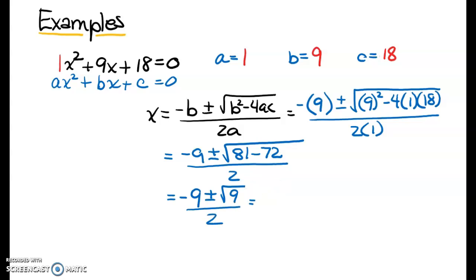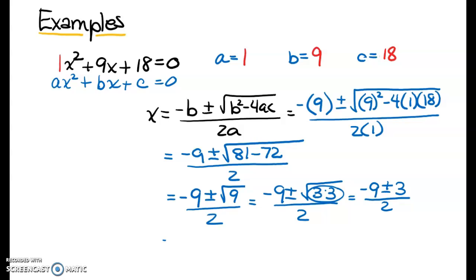Over 2. And I know that 9 factors into 3 times 3. I have a nice square root, and I have negative 9 plus or minus 3 over 2. Well, I know that I can add and subtract 3 from 9, so I'm going to set up 2 solutions to solve, the positive solution and then the negative solution.